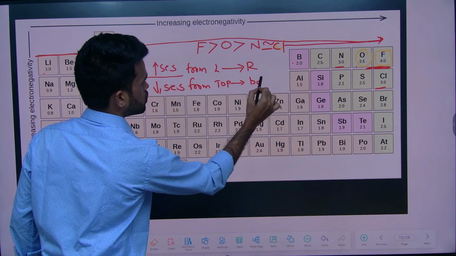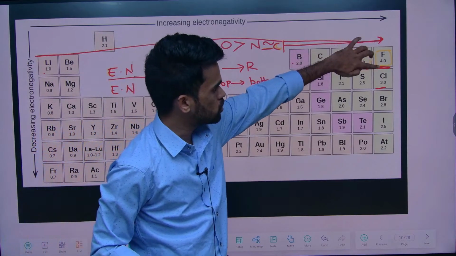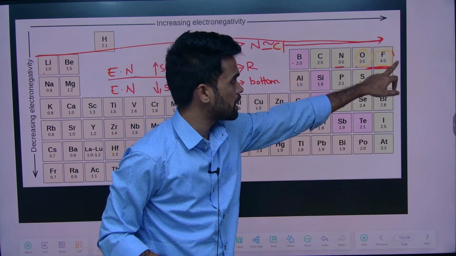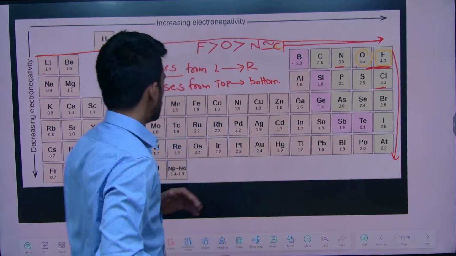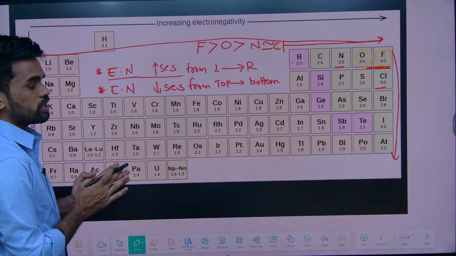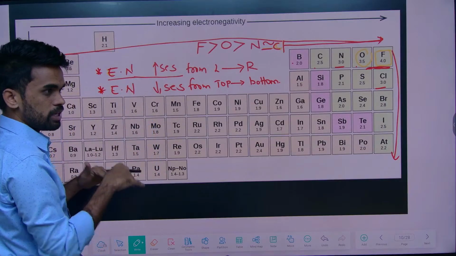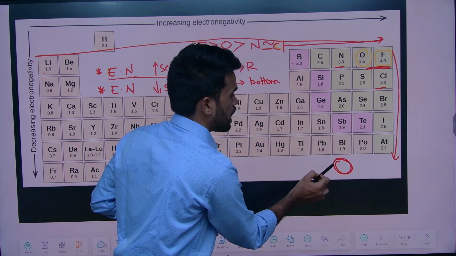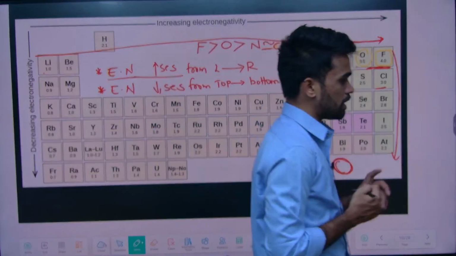Why? Check here, it is 4.0, 3.0, 2.8, 2.5, 2.2. So what is happening as we move down the group? Electronegativity values are getting decreased. So you can make these two statements in your notes. Electronegativity as we move from left to right increases, top to bottom decreases. Now the bottom elements are having relatively more metallic character when compared with the top elements, in any of the groups.